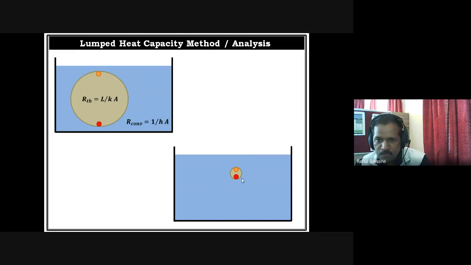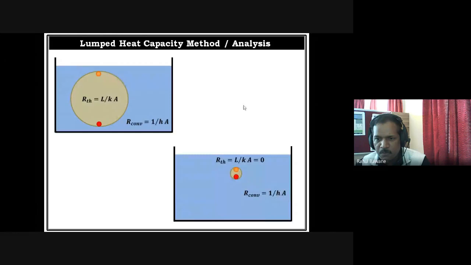So here also there is a thermal resistance, but the mass of the spherical ball is so small that the thermal resistance will be negligible, that means almost zero. So inside the spherical ball, thermal resistance is assumed almost zero, but outside there will still be convective resistance, 1 upon hA.